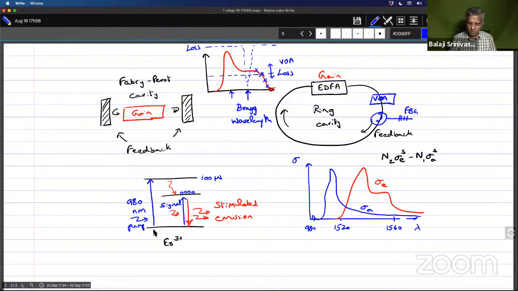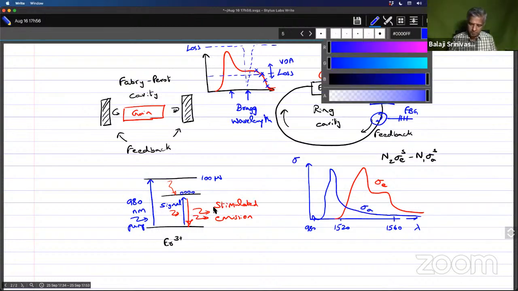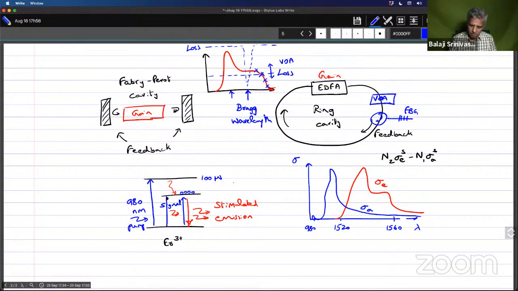But of course, we can choose to pump at another wavelength, because this energy level here is not a single level, it actually consists of multiple levels. You can choose to pump at this wavelength, which is 1480 nanometers, around this, and get your emission as well.